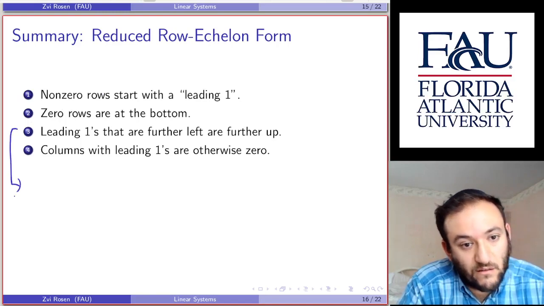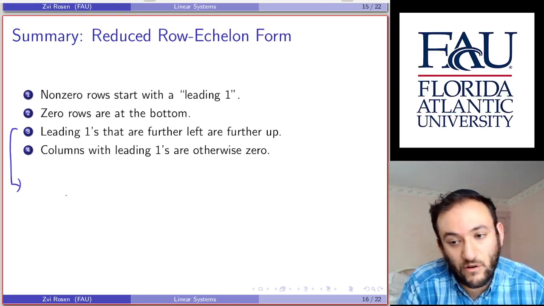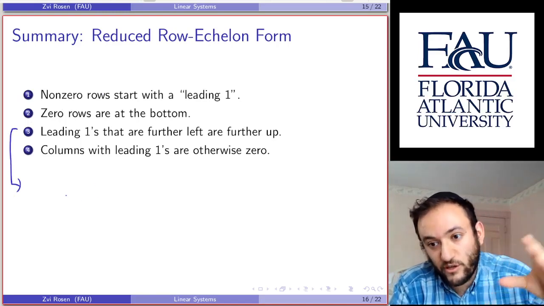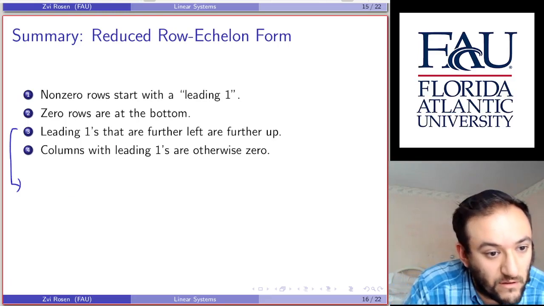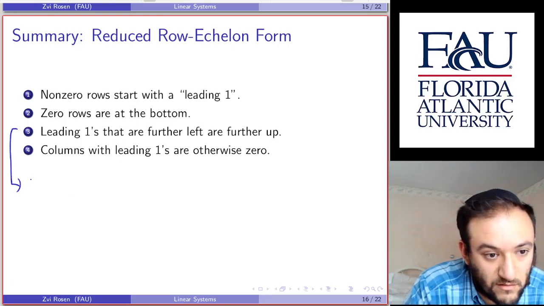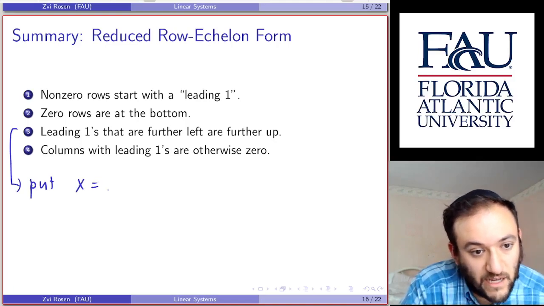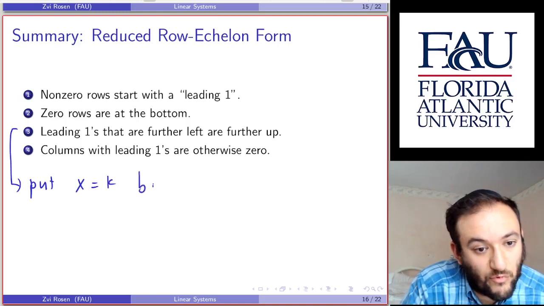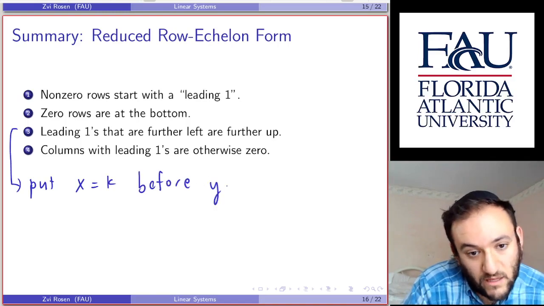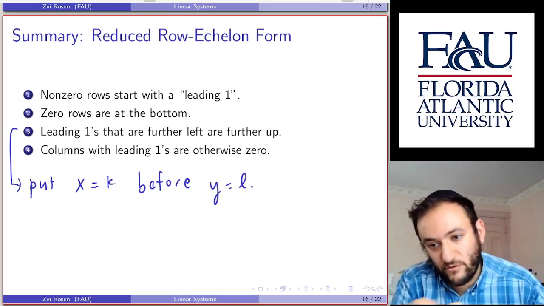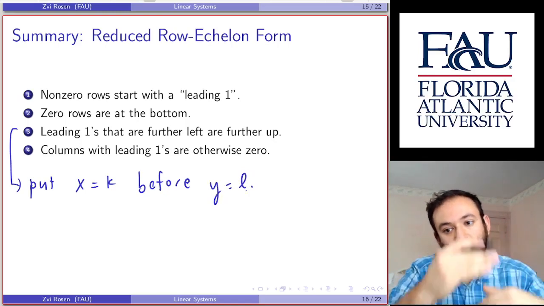But basically, you want to have your equation for the earlier variables come first. So you want to put x equals k before y equals L. And if it's not that way, then you just switch them.